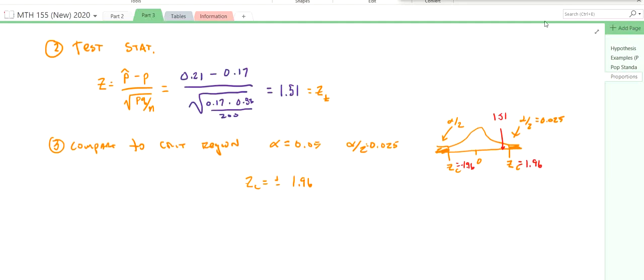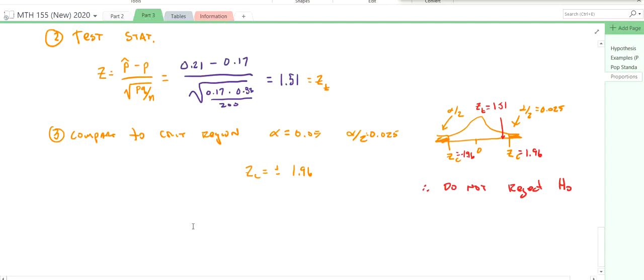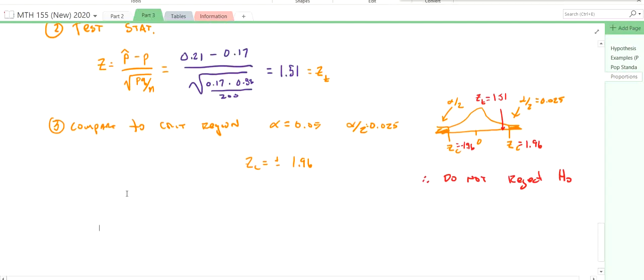So since our test stat did not fall in the critical region, we do not reject the null hypothesis. So since our null hypothesis is that P equals 0.17, we might make this claim.